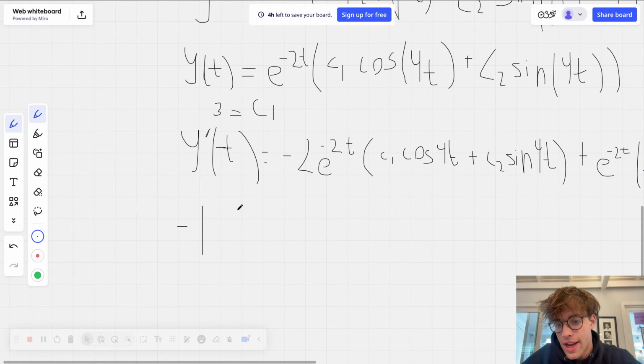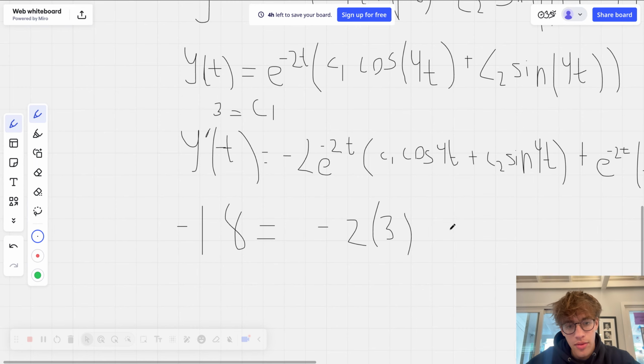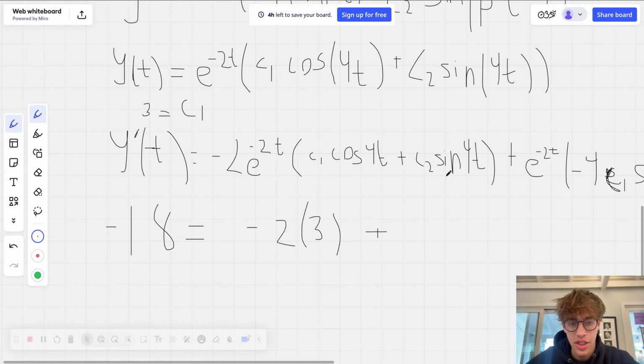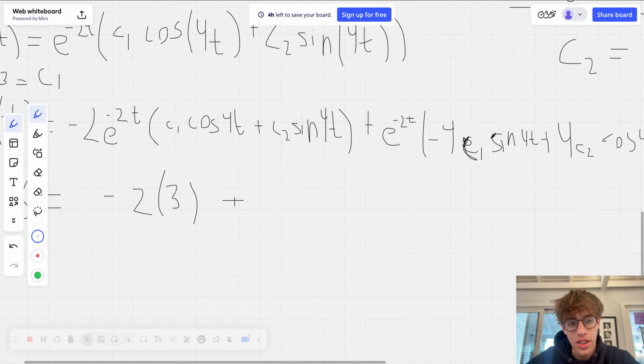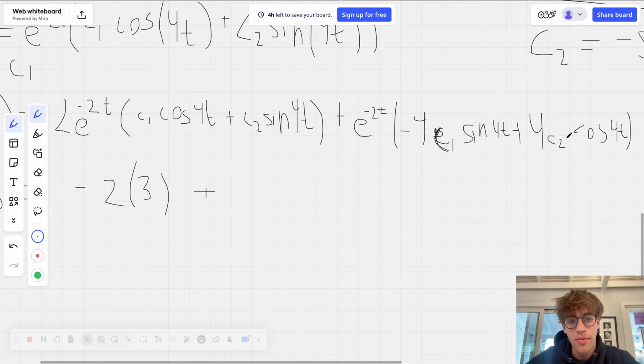So negative 18 equals negative 2 times 3, since we know C1 is 3, plus the sine term which goes to 0, and then plus 4 C2, because cosine goes to 1 as well.